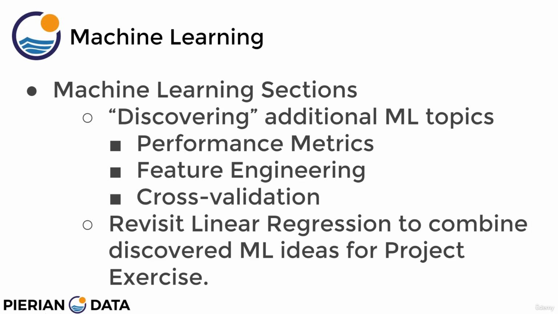So the upcoming sections are split into three separate parts: a quick introduction to linear regression, then we'll take a step aside and talk about things like performance metrics, feature engineering, and cross-validation, then come back and cap it all off with a linear regression project. So the first couple of sections in the machine learning lectures are going to be slightly different, but after that, we'll start with the standardized version for every other algorithm.